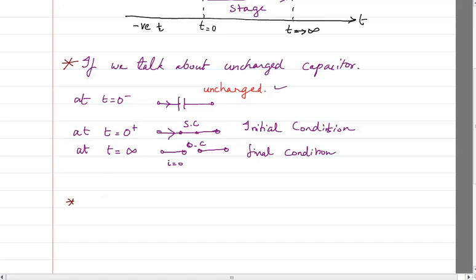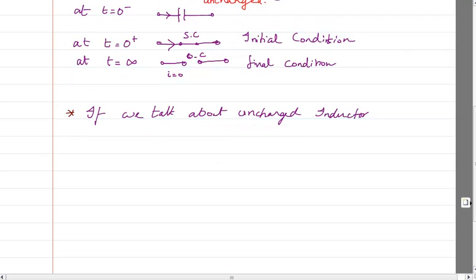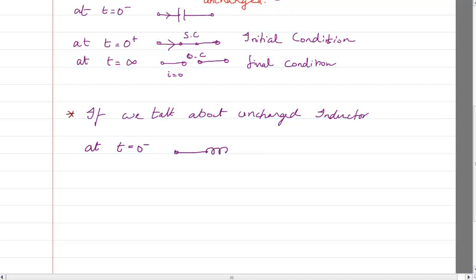Similarly, if we are going to look into the case of an uncharged inductor, then at t equal to 0 minus, what we will have is a normal inductor, and it is uncharged.